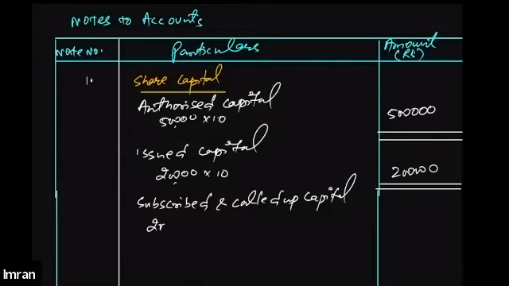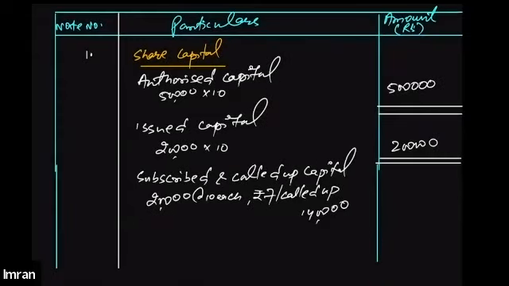This 20,000 shares has been subscribed, having a face value of 10 each. But only 7 per share has been called up. 7 rupees per share is called up money. So the total amount that has been called up is 1,40,000. 20,000 into 7, 1,40,000 has been called up from the shareholders.